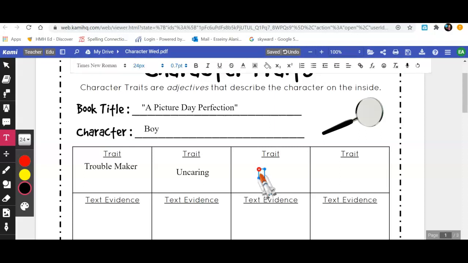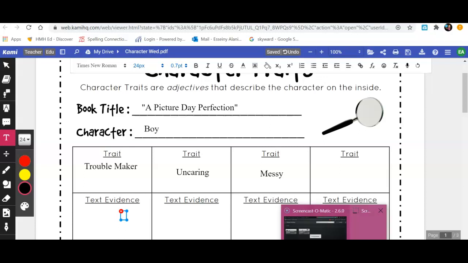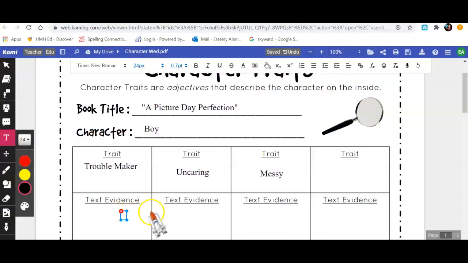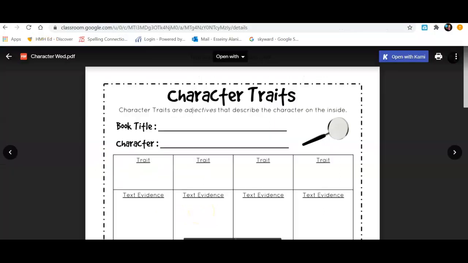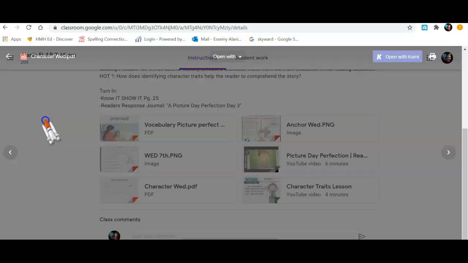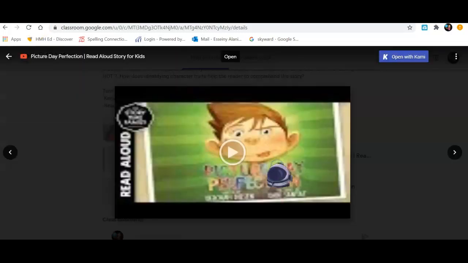The third one is that he's also messy. Now look, we have to find text evidence. We have to find the textual evidence. So we need to go back to the story to find where we found those character traits.